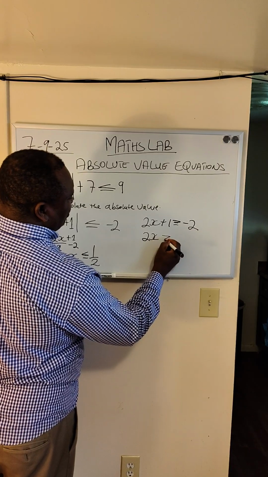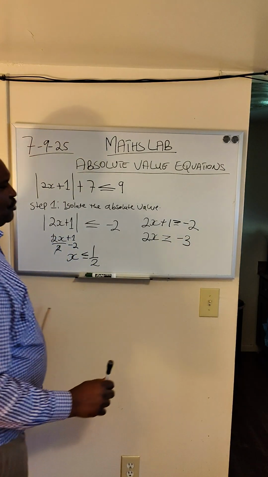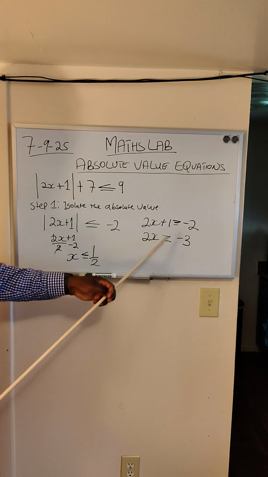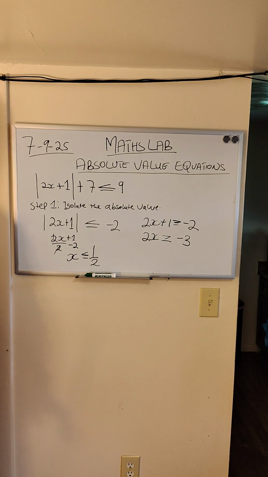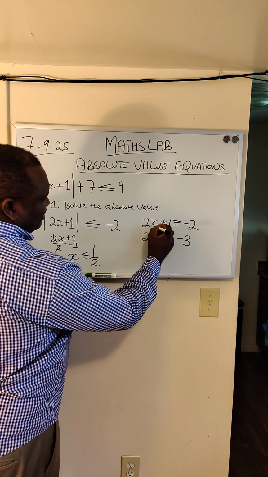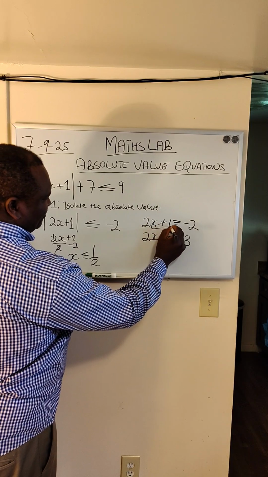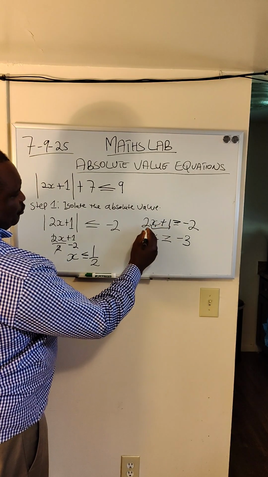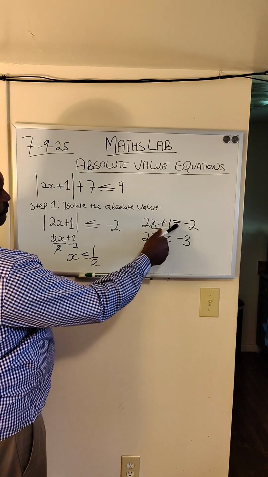We simply brought this math down right here. 2x is equal to negative 3.